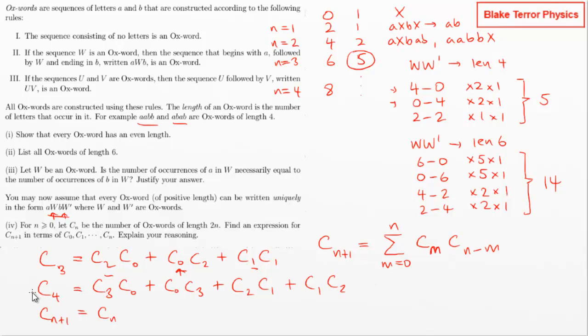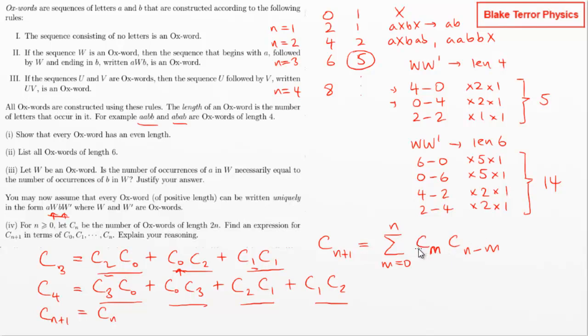So for C4, because there's more terms, we'd start with C0 times C3. That's that one. Then we go C1 times C2. Yep, C2 times C1 and C3 times C0. Wonderful. Double check for C3. We'd have C0 times C2, C1 times C1, and C2 times C0. Right, so that seems to be what it is.